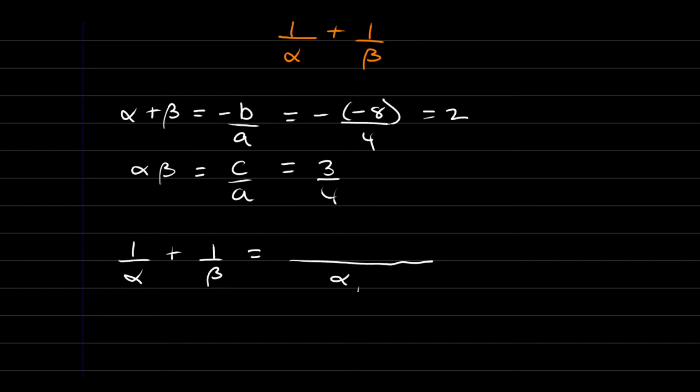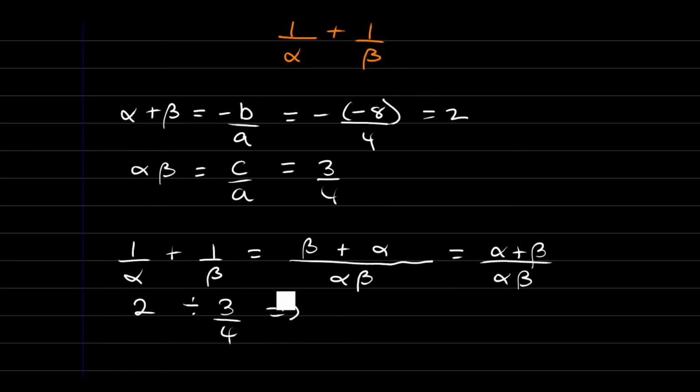So we say alpha beta, and this here will be beta plus alpha, and we can see right away that if we take the sum of the roots, alpha plus beta, on the top, and divide it by the product of the roots, alpha beta, that is equivalent to 1 over alpha plus 1 over beta. So we're going to take 2 and divide it by 3 over 4, which would mean 2 multiplied by 4 over 3, which is 8 over 3. And that's the result of it.